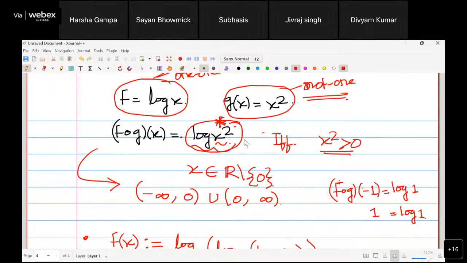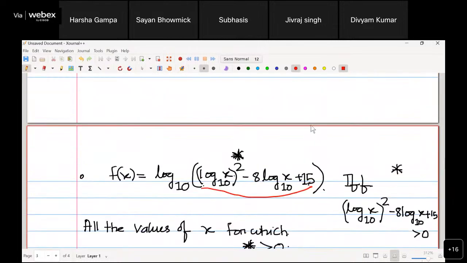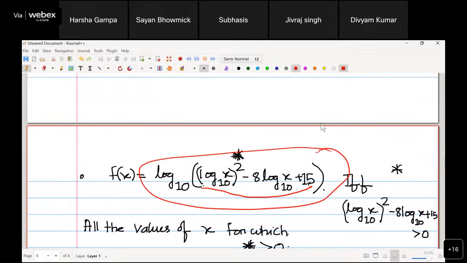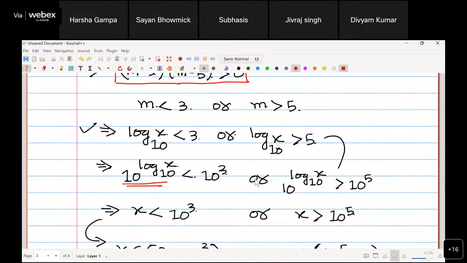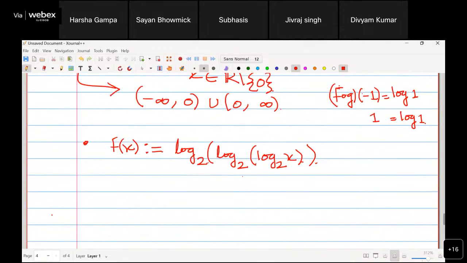Here the function is very easy, right? x squared is not injective, which is pretty easy to tell. But if you have a function like this, it's not easy to tell whether it is injective or not; you have to work a little harder. For this function, it's really easy to tell it is injective, because this is injective, and you are composing this injective function with another injective function, so eventually you get an injective function.